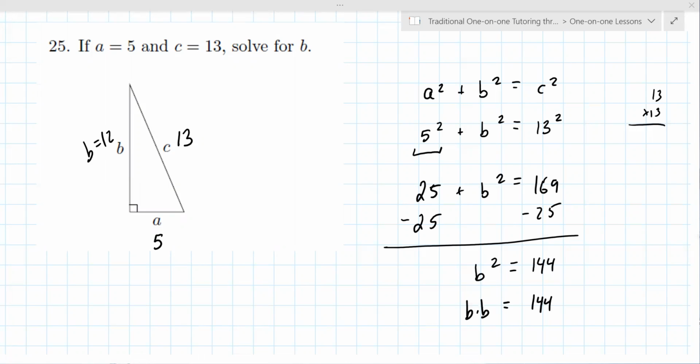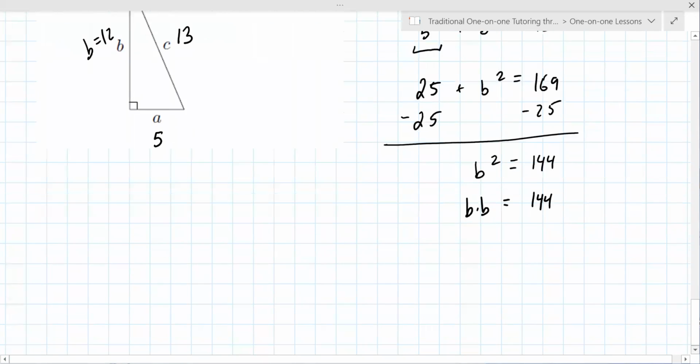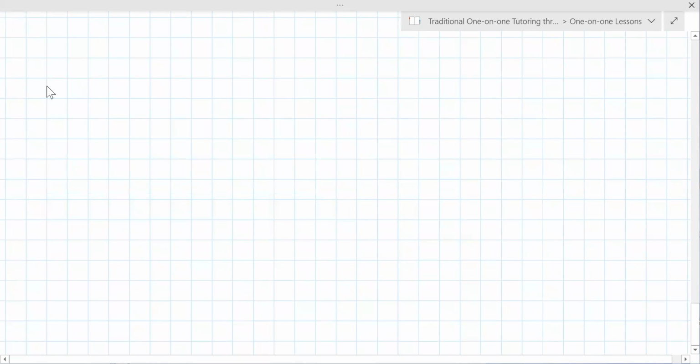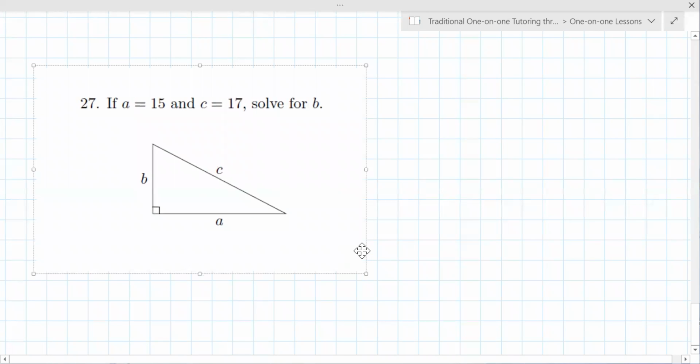Let's look at another problem. This time they're giving you A. They're saying A is 15. C is 17.